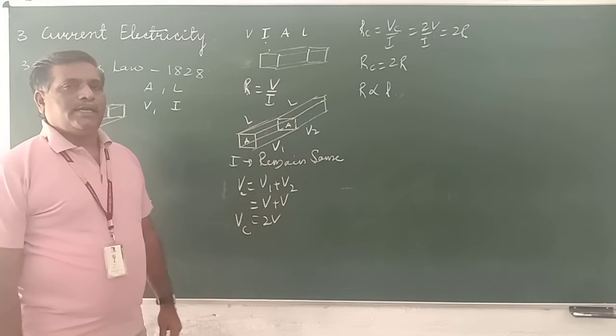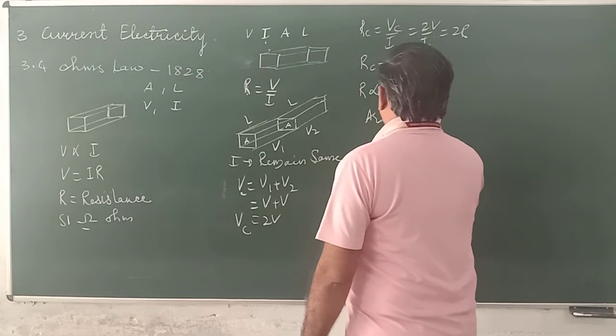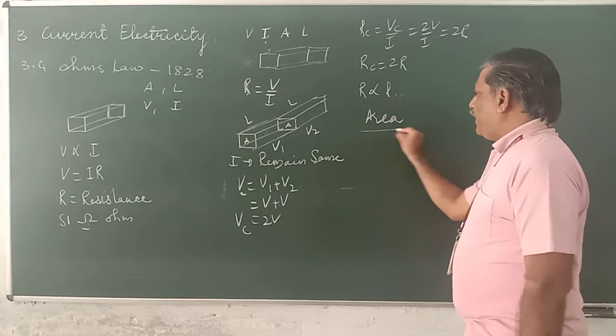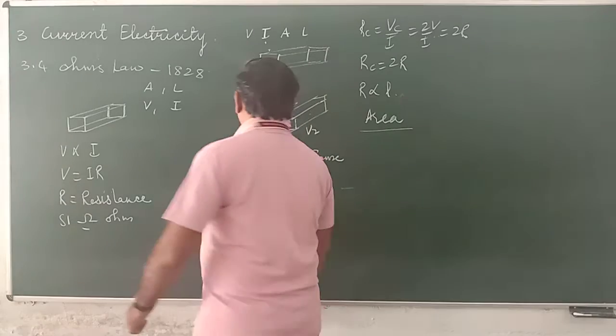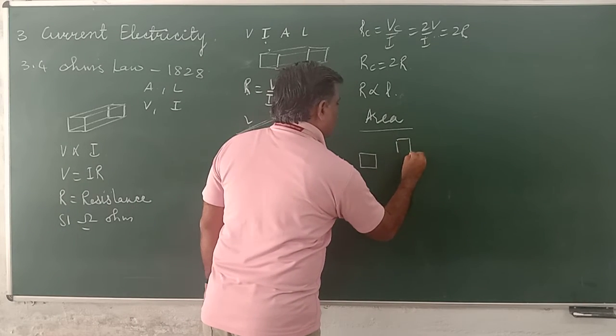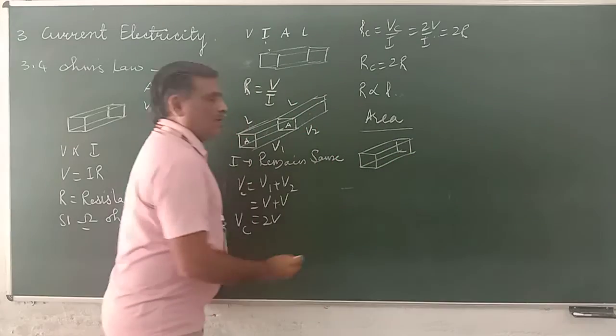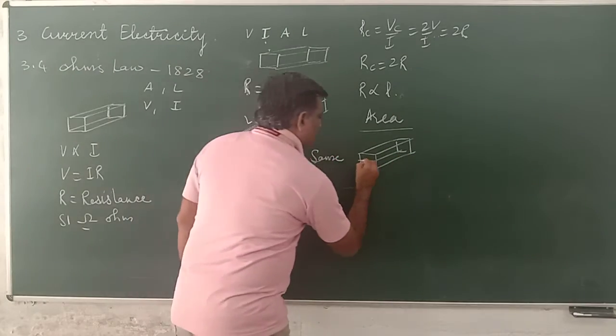Let us discuss the area dependence. In the case of area, we divide the same conductor. This is one conductor, which I divide into two parts.